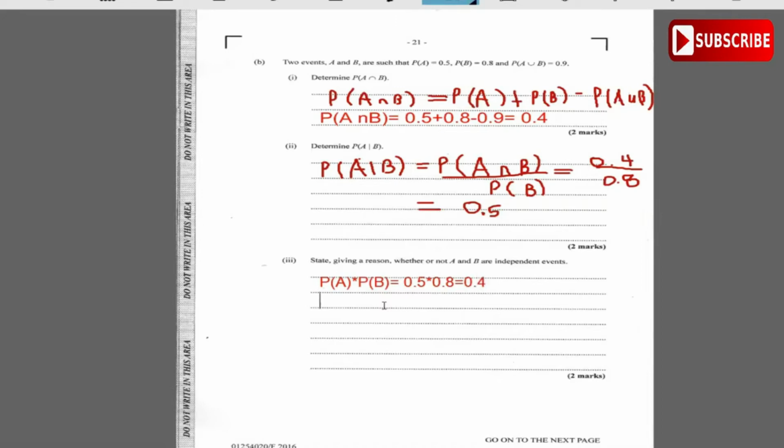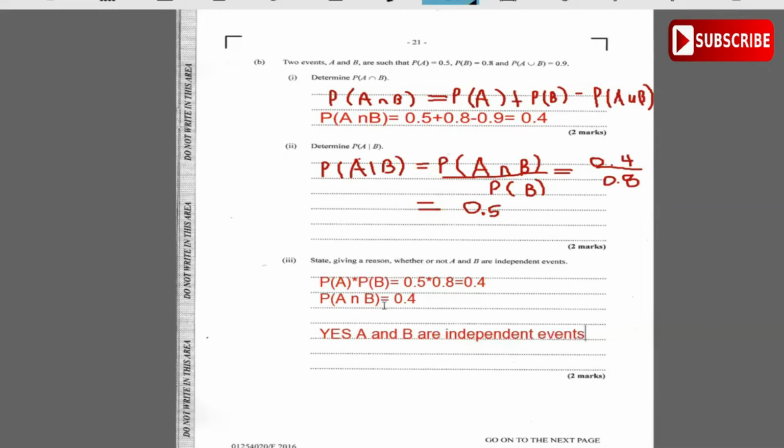Also, the probability of A intersect B is equal to 0.4. And so yes, A and B are independent events.